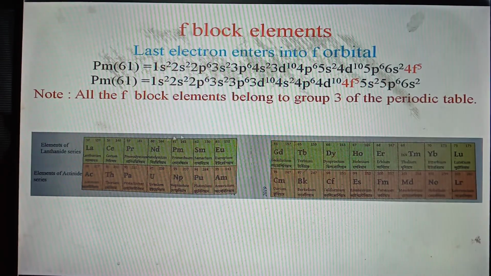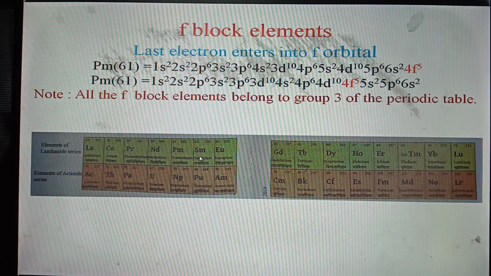Let's have a view again. These are the 14 elements starting from cerium to lutetium. These 14 elements show similar properties to that of lanthanum. Together with lanthanum, the series of these 15 elements is known as the lanthanide series.